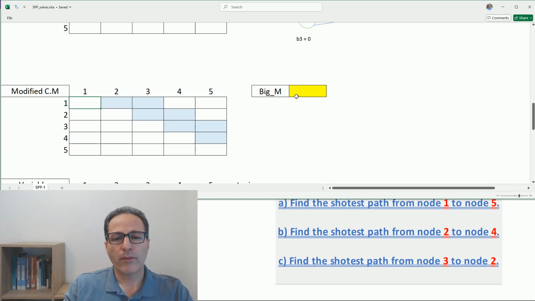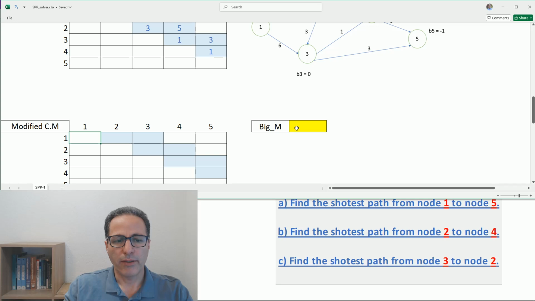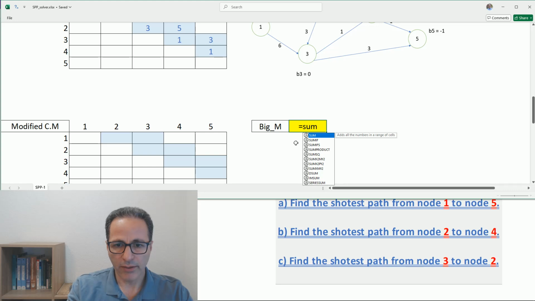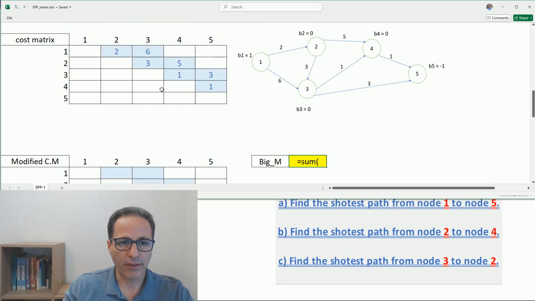So what is the big M? First of all, we write the value of big M. We can give any very large number in comparison to the values here, but we don't need to work with very big numbers.